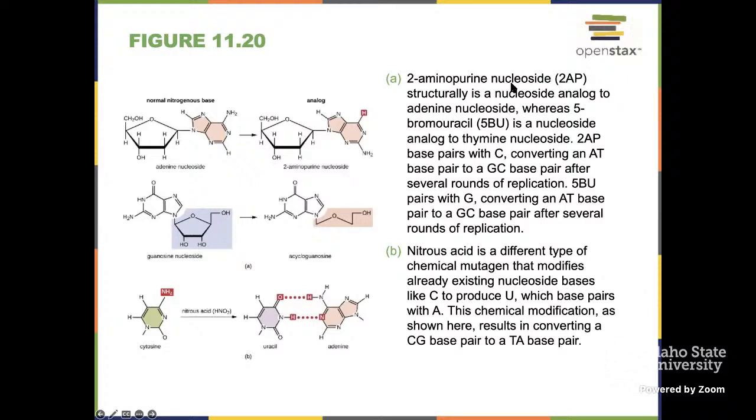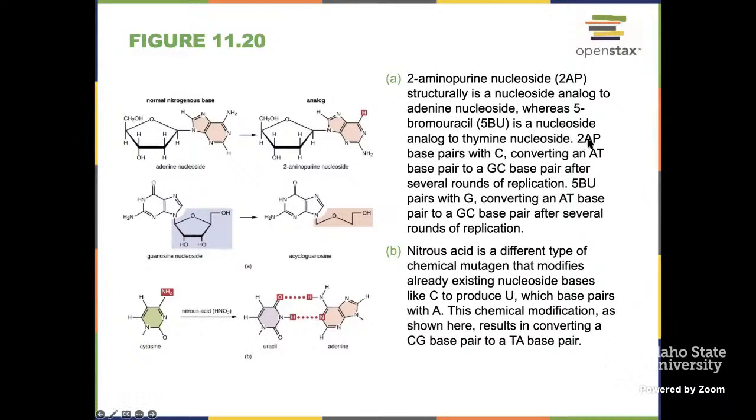2-aminopurine nucleoside is an analog to adenine, and the 5-bromouracil is an analog to thymine, but they're not the same. Ultimately, this is going to cause some mutations to occur.